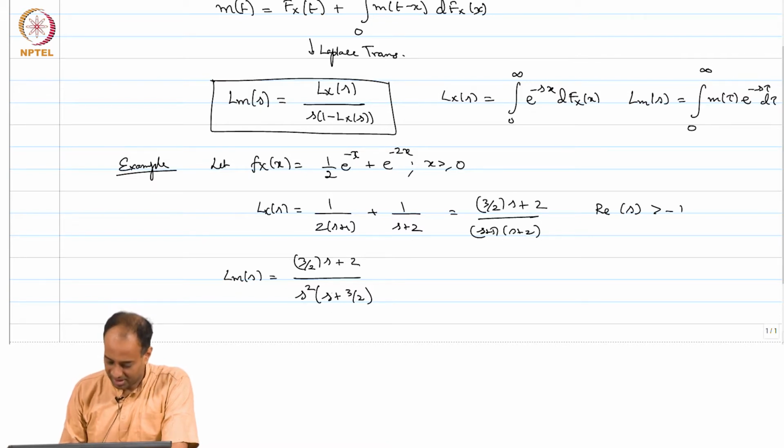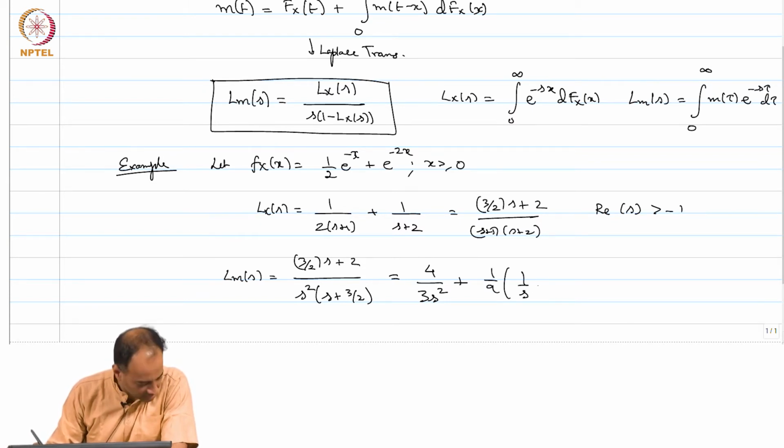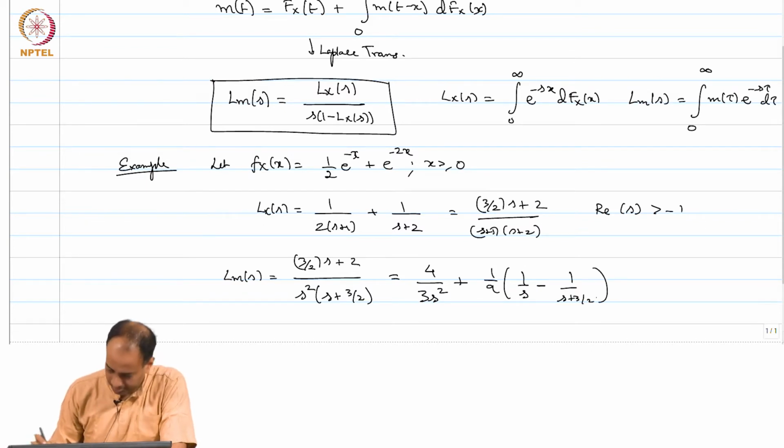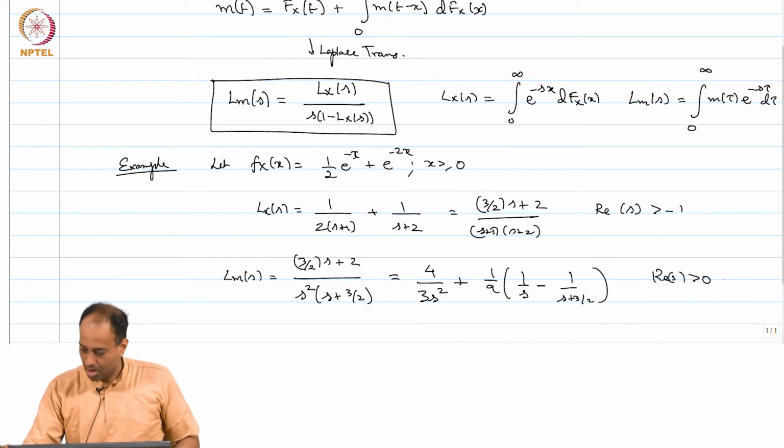You just work this out, it comes to 4 over 3 times 1 over s square, plus 1 over 9 times (1 over s minus 1 over s plus 3 over 2), for real part of s greater than 0.